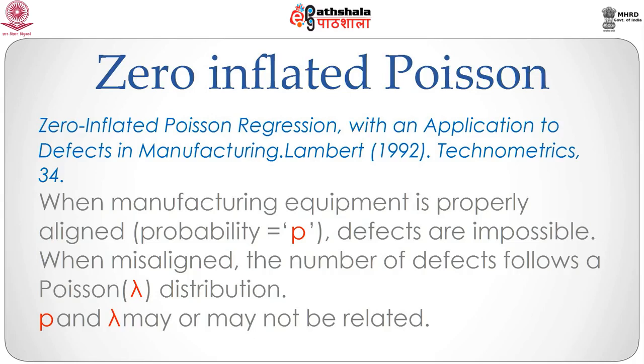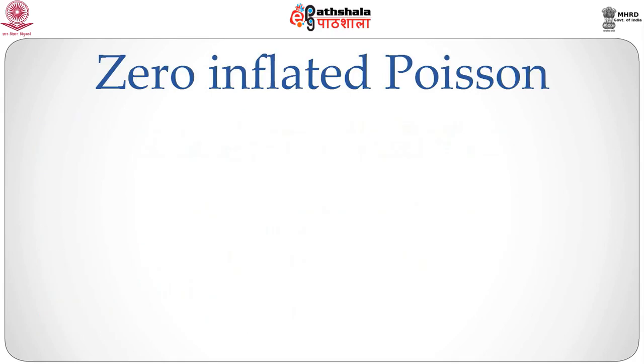We may have different situations based on whether p and lambda are related or not. In fact, both p and lambda may be related to sets of covariates which may be identical or distinct or overlapping. We could have situations where p and lambda are functions of each other or unrelated, and these are situations which Lambert has visited in her paper.